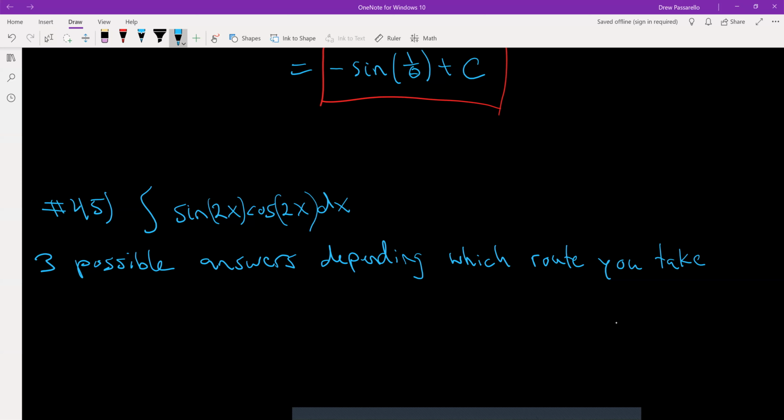And that wouldn't really help us much because I couldn't substitute it in for anything. So what you could try, I'll show in three options. Option 1, I could let u be maybe sine of 2x.